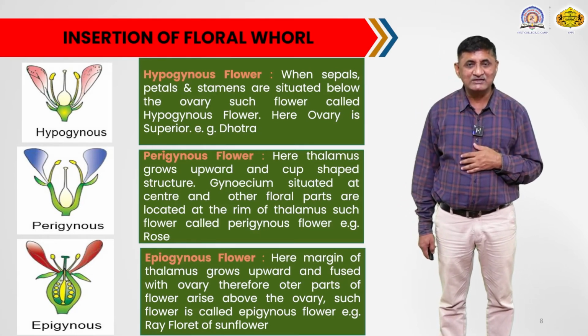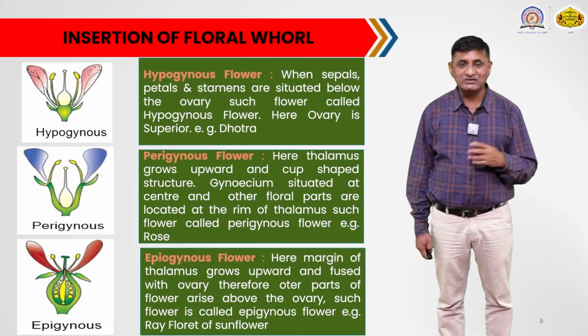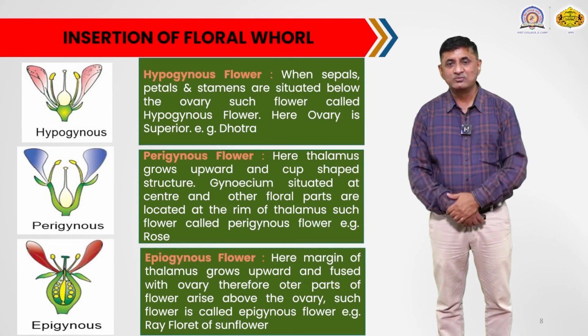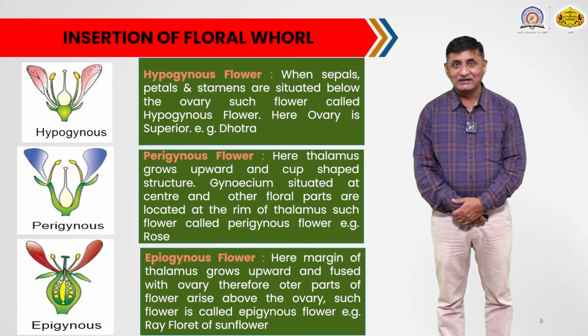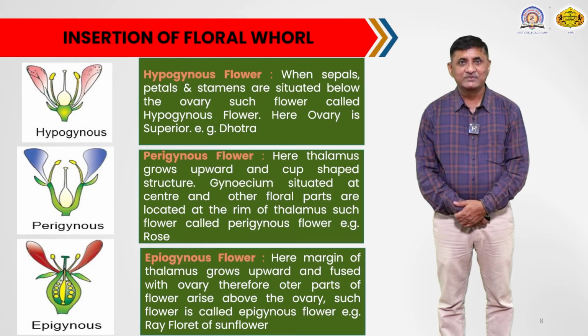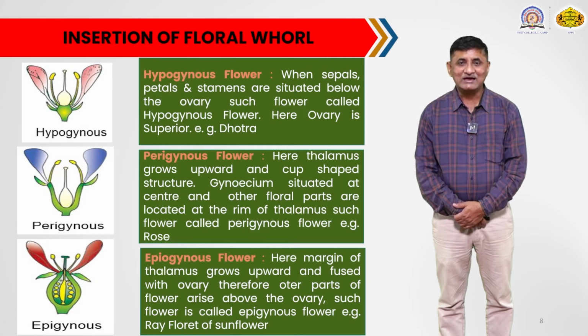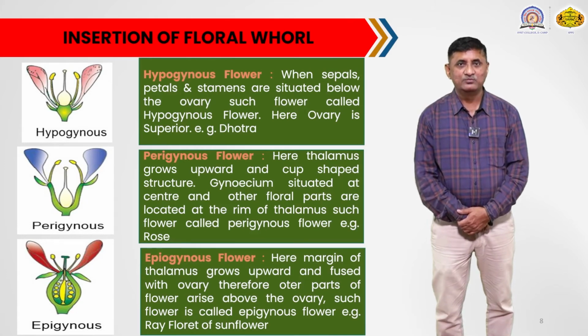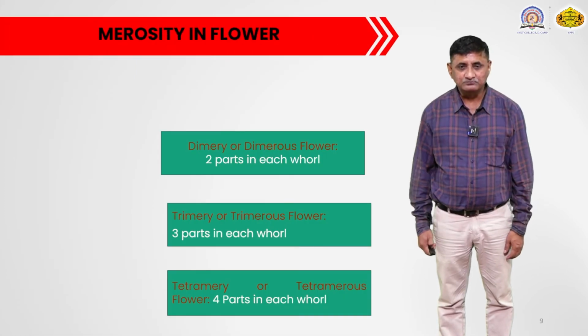For example, you can consider the ray floret of sunflower. So, in this way, on the basis of insertion of the floral whorl, flowers are categorized into three types, mainly on the basis of the position of the gynoecium: hypogynous flower, perigynous flower and epigynous flower.